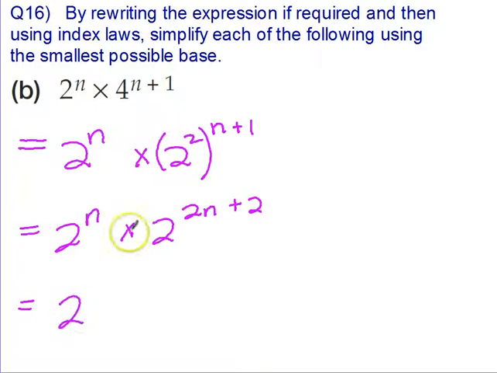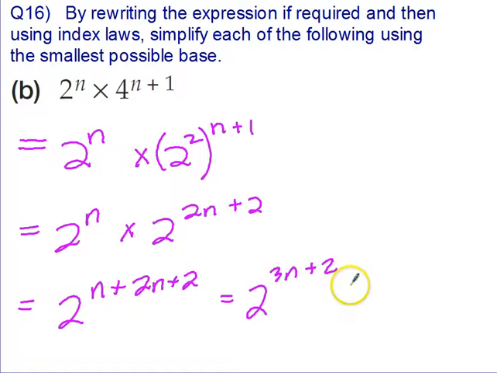To multiply powers with the same base, we add the indices, and that gives us n plus 2n plus 2. Equals 2 to the, okay, we need to add like terms. That's 1n plus 2n is 3n, and then plus 2. We can't add those terms together because they're not like terms, so we leave it at that.